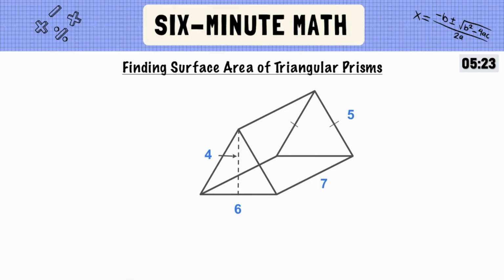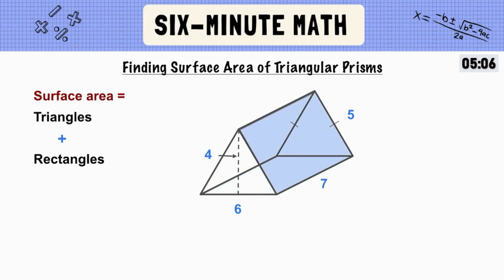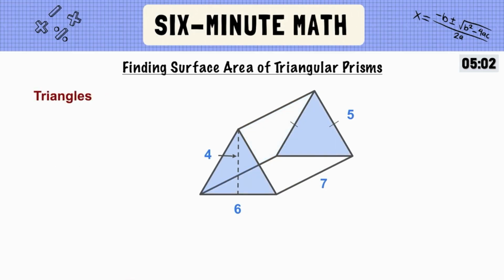So let's look at an example here of this triangular prism. To find my surface area, I am going to need to find my triangles plus the rectangles, and that includes the base and both sides. So let's do that for this example.